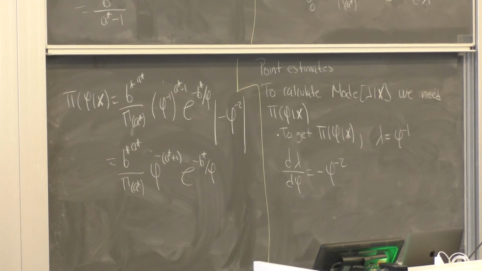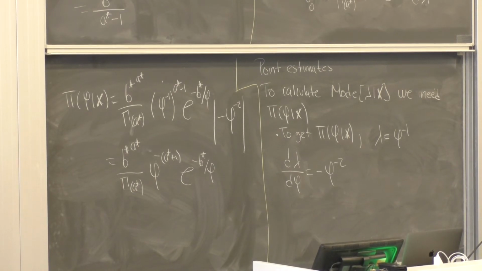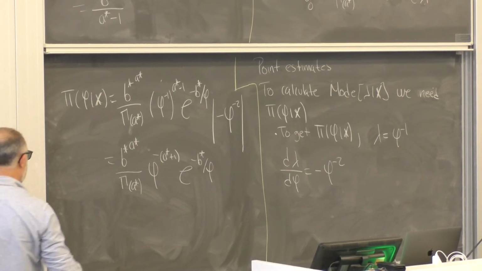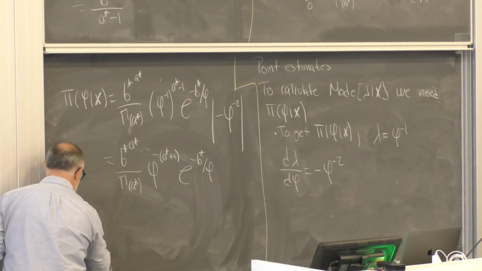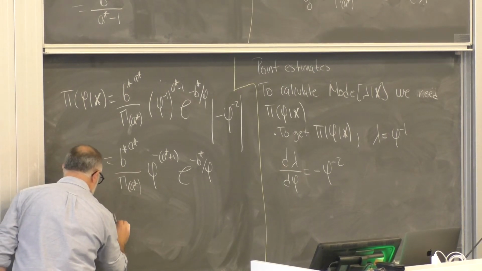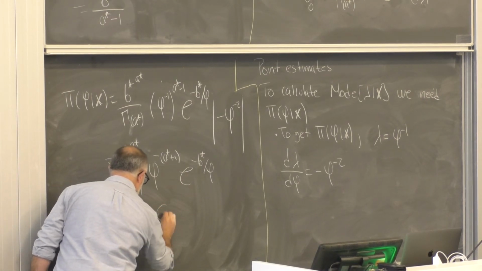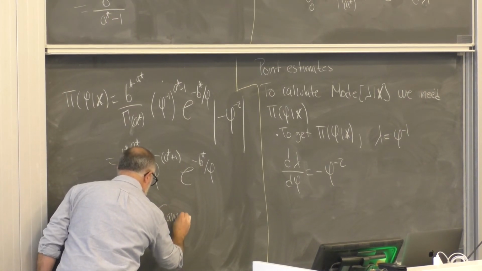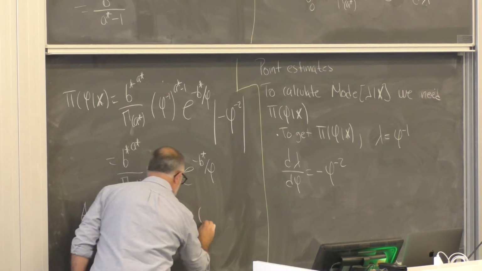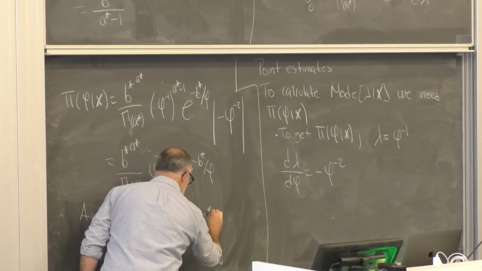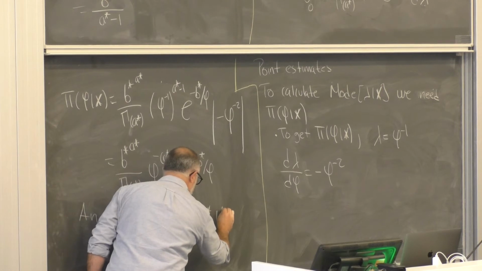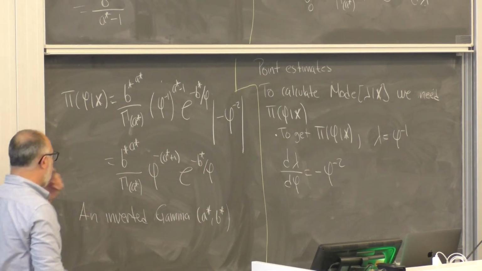And this is known as an inverted gamma distribution, with parameters A star and B star.